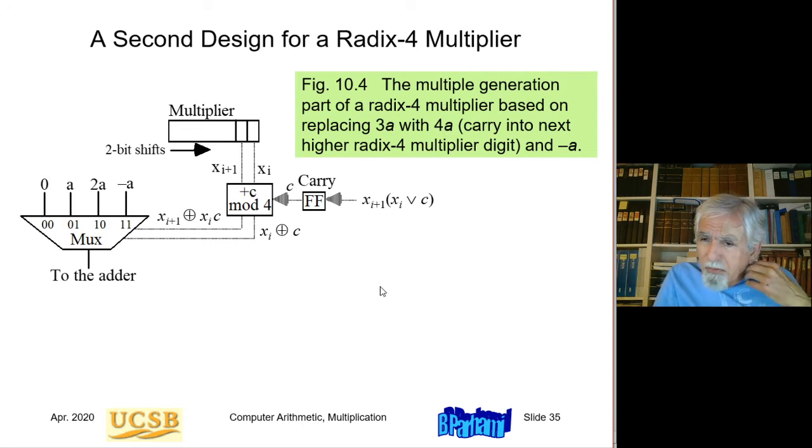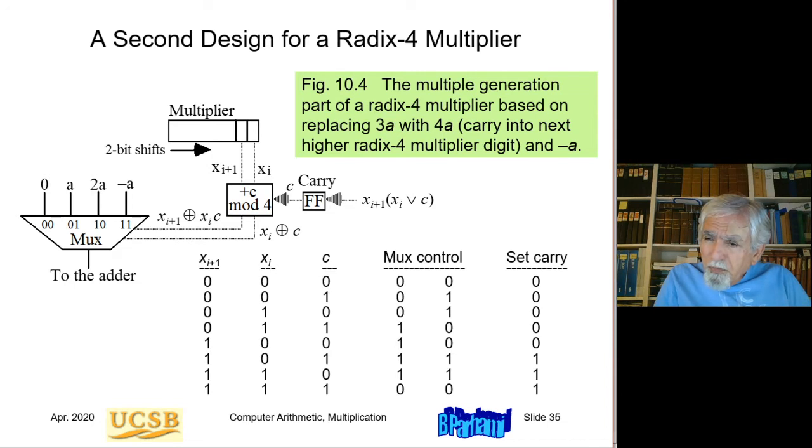So it's an idea. It may actually be advantageous under some conditions, but it's not obvious that it will be in all cases. Okay, and this is the truth table for mux control.